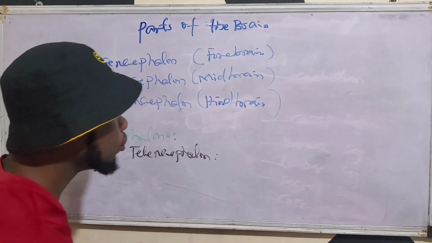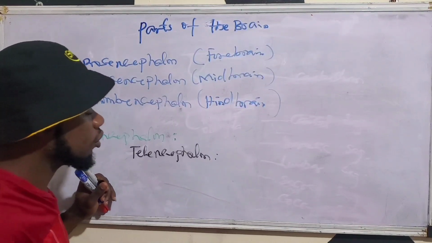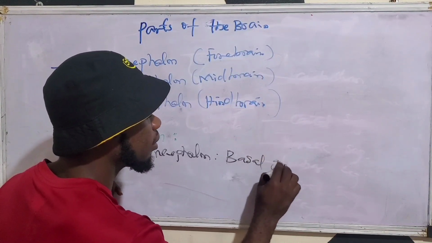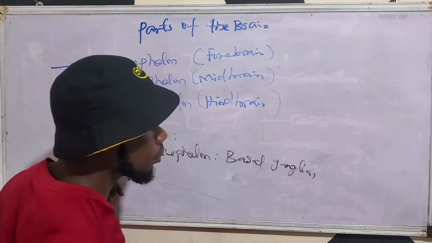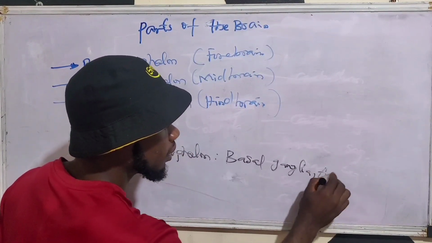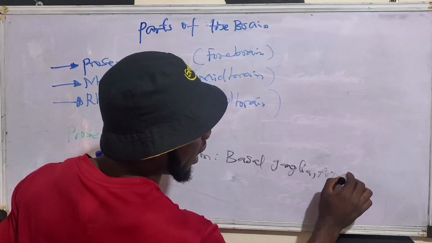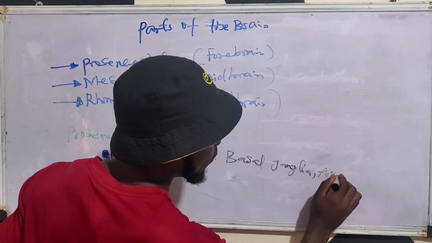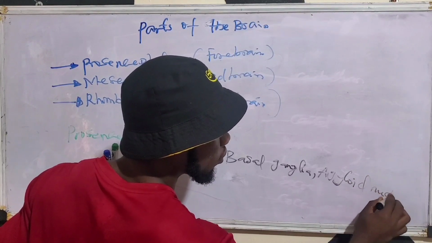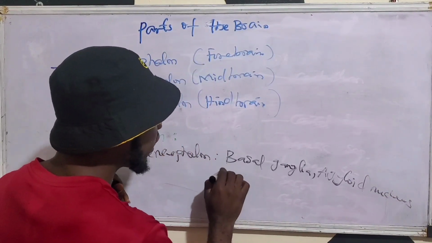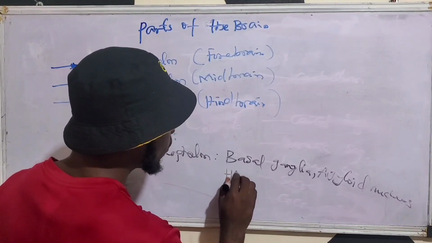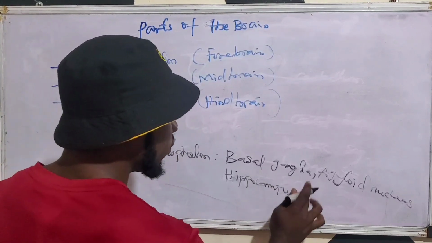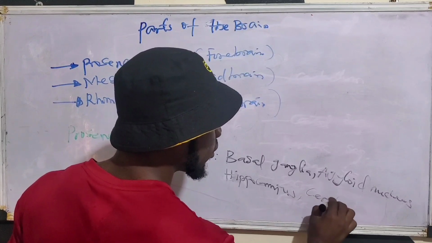Now, under this place, you find structures like the basal ganglia, the amygdaloid nucleus, the hippocampus, and the cerebral hemisphere.